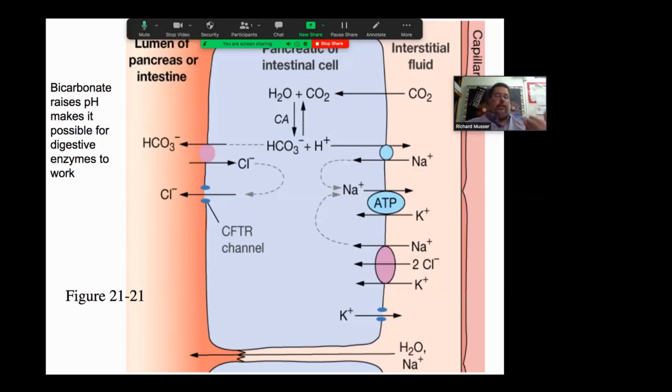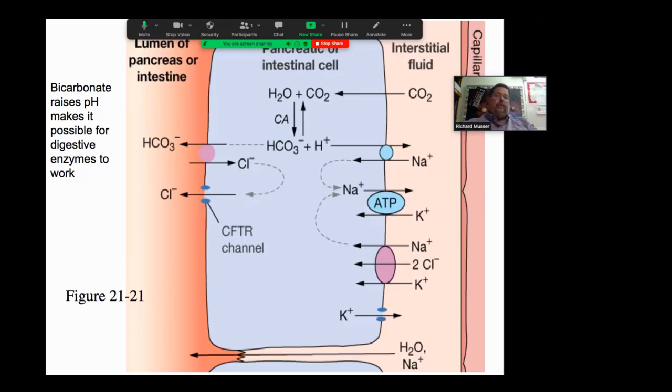And so people with cystic fibrosis, unfortunately, this channel doesn't work properly. And when this channel doesn't work properly, again, just due to some mutations that cause the protein not to have the proper structure, that's what causes cystic fibrosis. The mucus doesn't loosen up and become more watery, causing all sorts of havoc in their body.